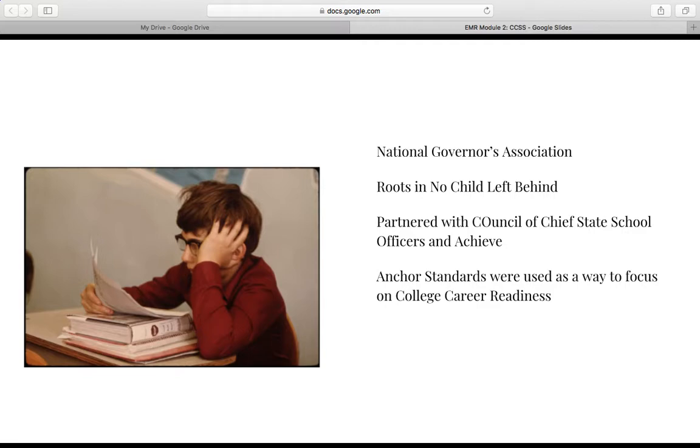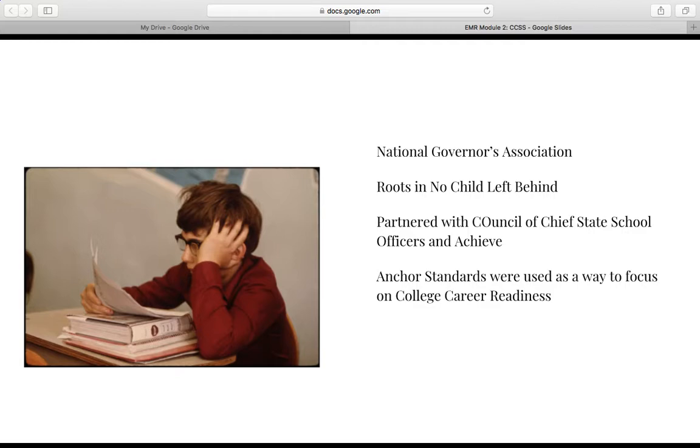But the problem became clear when some states, such as Massachusetts, had very intense, very complex testing requirements, whereas other states did not. And so places like Massachusetts that had high standards and high expectations were actually kind of penalized for that, so they decided to get together and look at that.